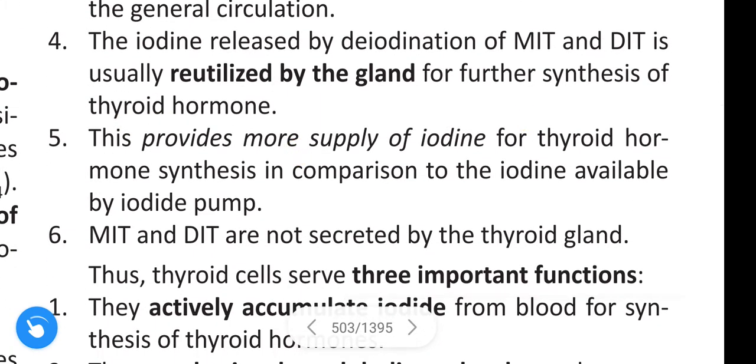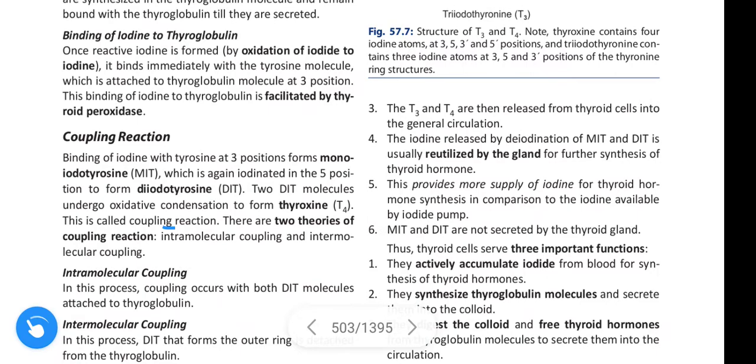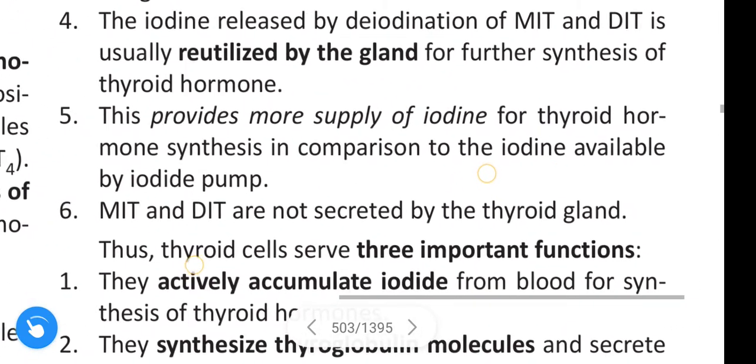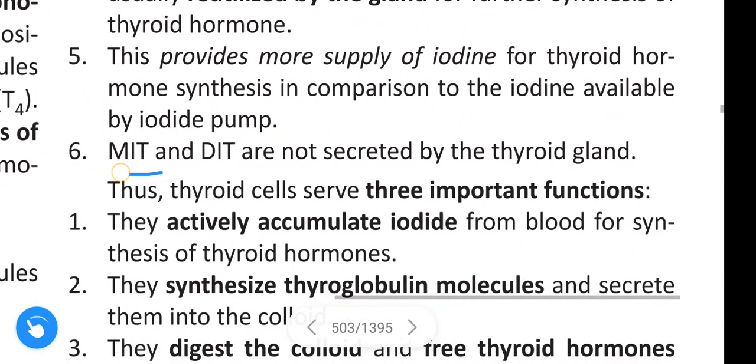This provides more supply of iodine for thyroid hormone synthesis in comparison to the iodine available by the iodide pump. MIT and DIT are not secreted by the thyroid gland.